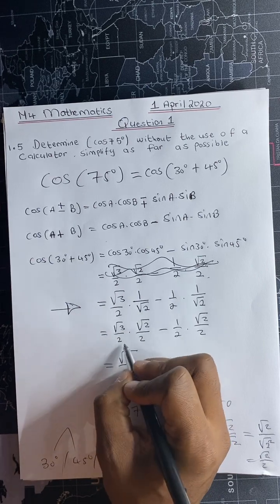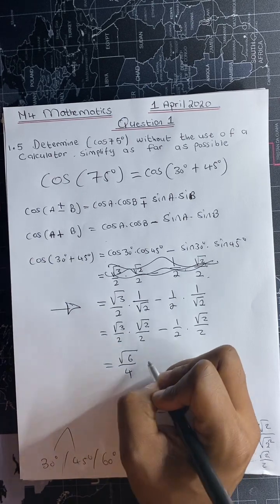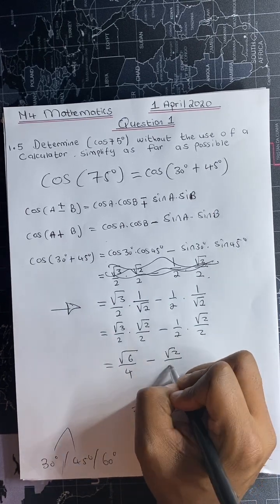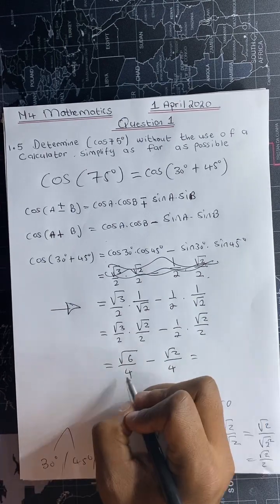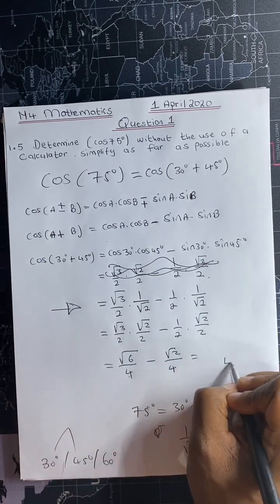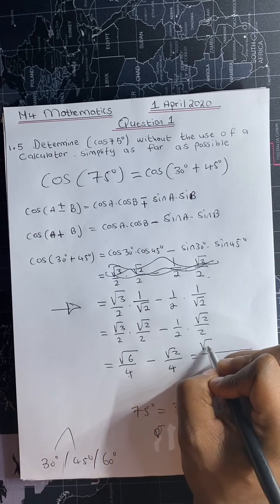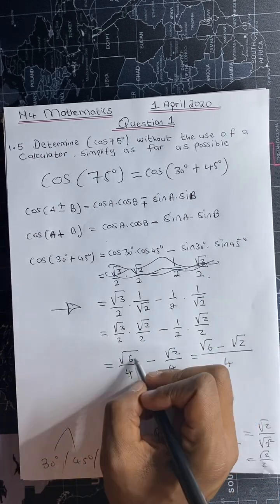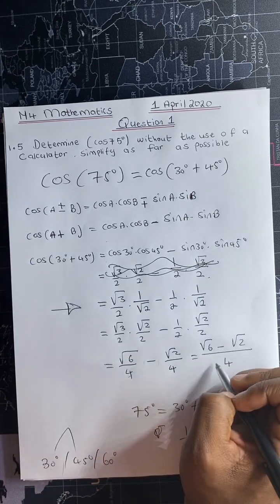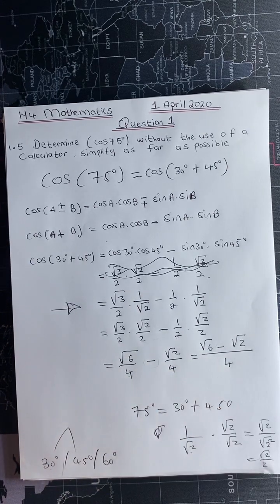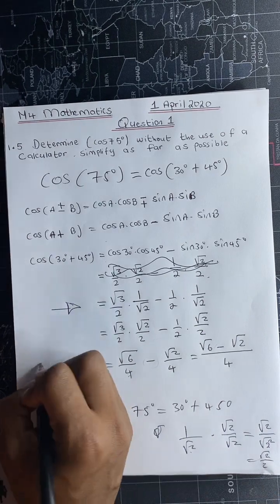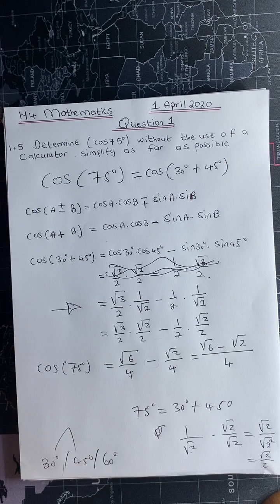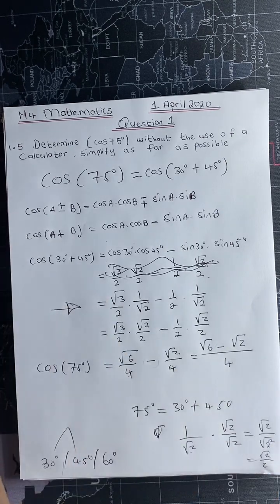This will be the square root of 6. 2 multiplied by 2 will be 4, minus the square root of 2. 2 multiplied by 2 will be equal to 4. So we have the same denominator, so we subtract the numerators. So cos of 75 degrees will be equal to the square root of 6 minus the square root of 2 all over 4.